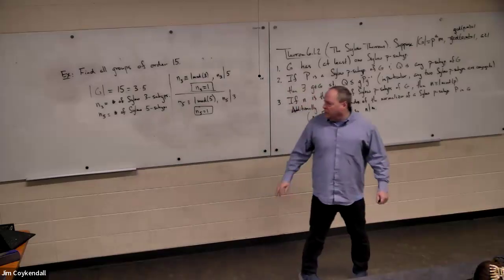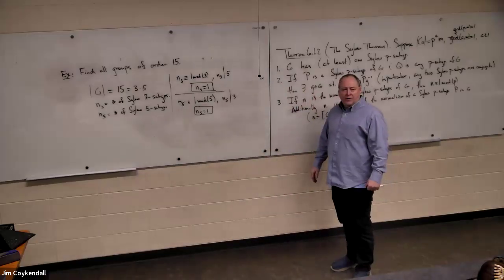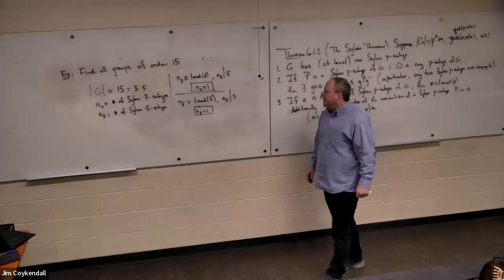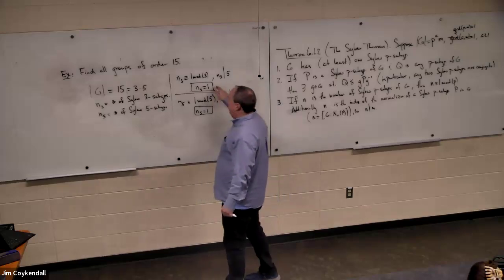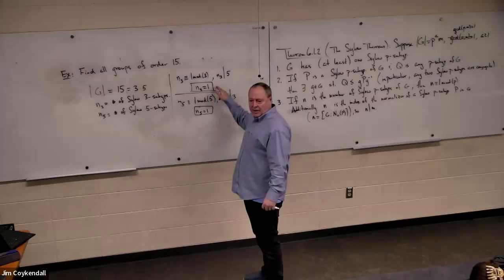Okay. This one is actually a pretty straightforward example, in the following sense: I'm going to count elements. There is one and only one Sylow 3 group, right?